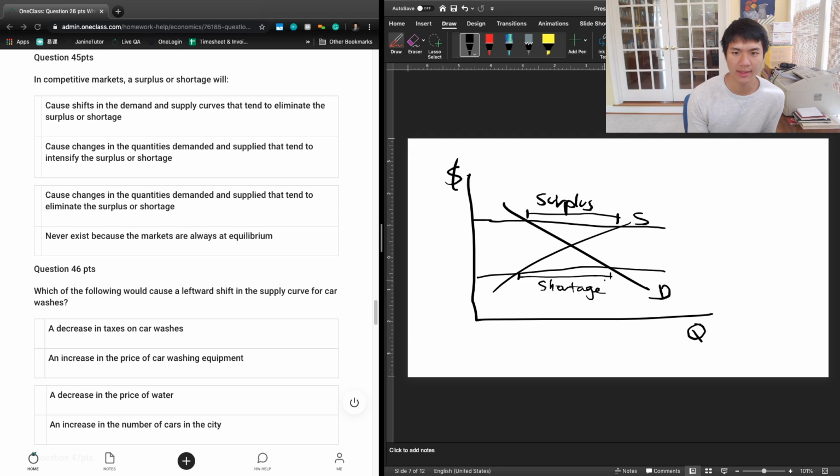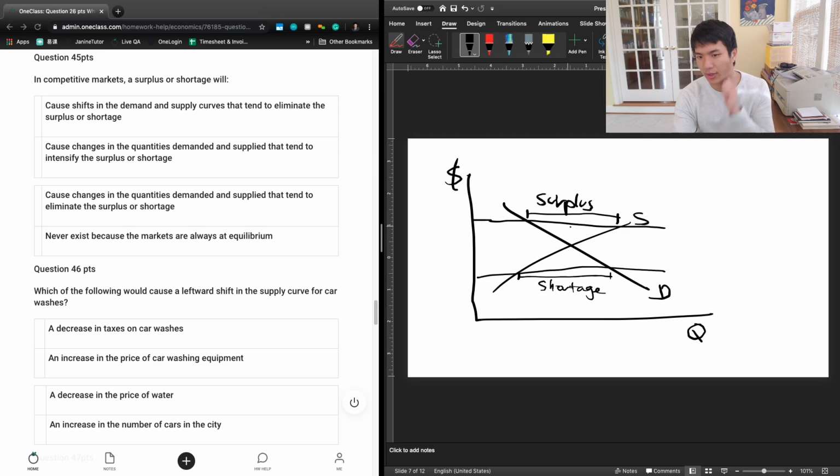We know the answer to that is that, assuming there is no government regulation, in a fully competitive market, the market is always going to find a way to get back to the equilibrium point, right? There's no reason why a surplus or shortage should stick around if the elements of the market are free moving or variable. If you have a shortage, your price is too low, so the quantity demanded and supplied are going to keep changing, and prices are going to go up until you reach the equilibrium price.